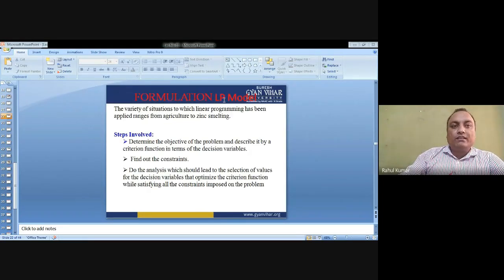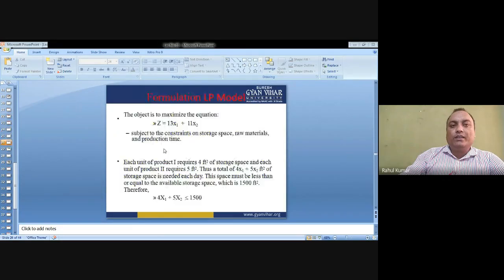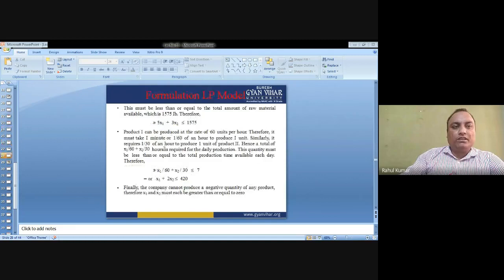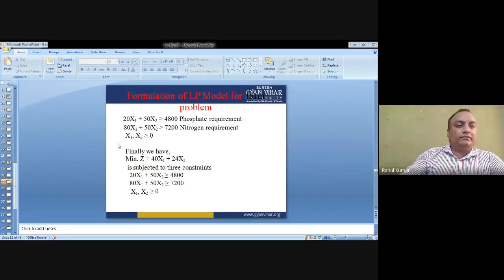Formulation of linear programming model, right? And some solutions. These are some good questions for the next class. I will discuss this type of problem in the next class.